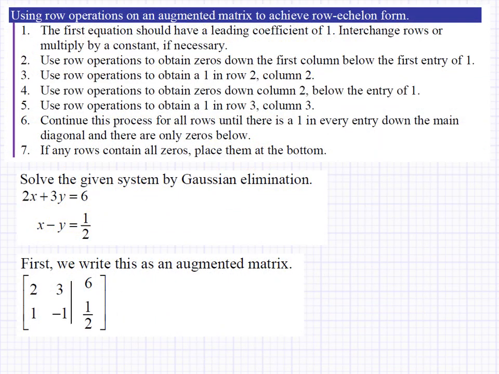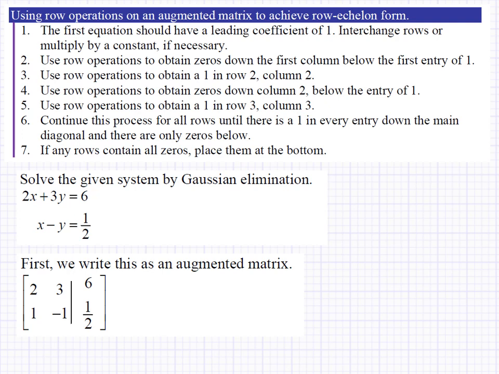I think the best way to explain all of this is with a specific example. We're going to go through a series of steps, using our row operations on the augmented matrix to achieve our row echelon form. We're going to try and get a leading coefficient of a 1 in the first equation. We're going to interchange rows or multiply by constants to get that.